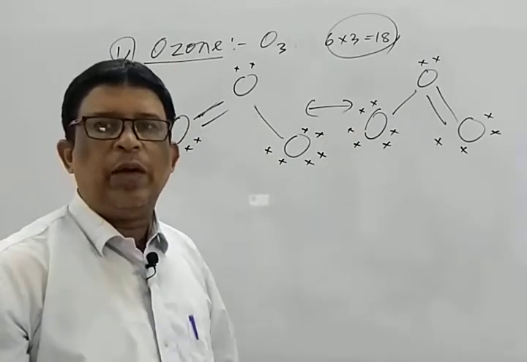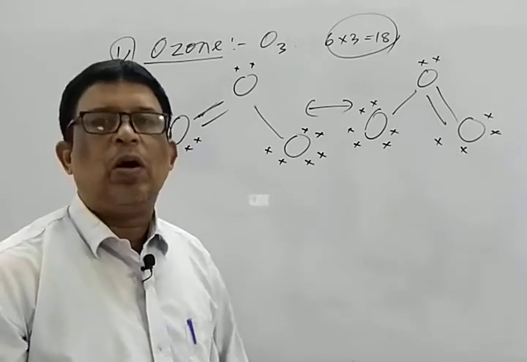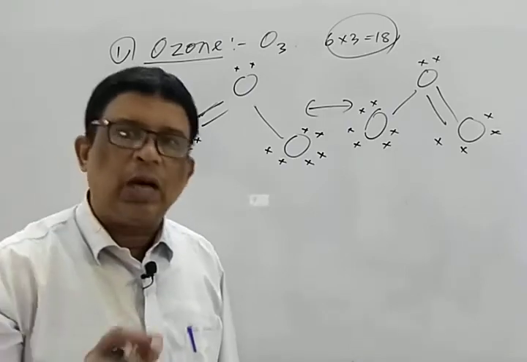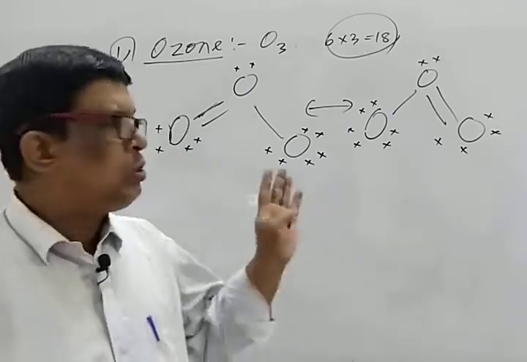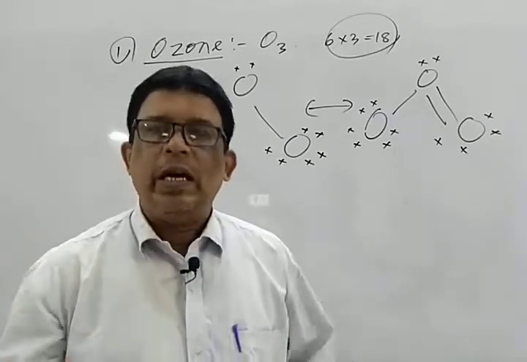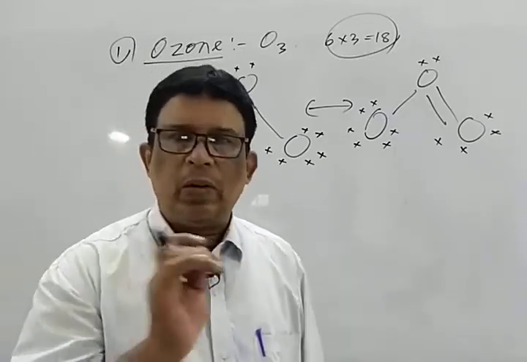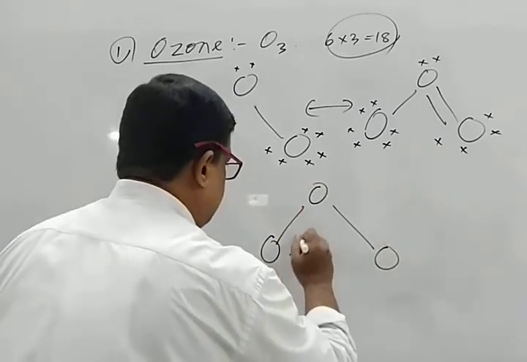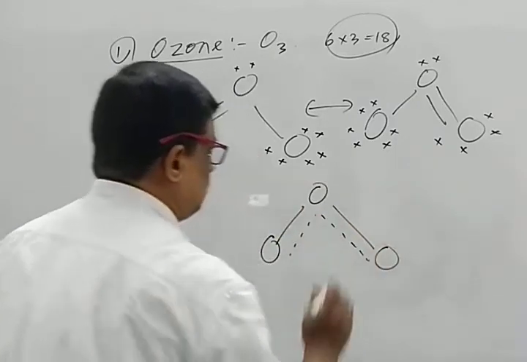But none of them is able to give all the properties of the original structure. Then the third one, which lies in between those two structures, has no actual meaning, as it is not represented on the plane of paper. That one is the resonance hybrid. Mark that.